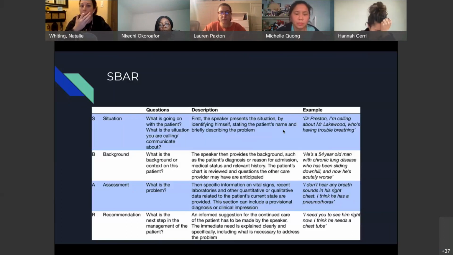But as far as the full assessment, you don't have to say what your findings were on everything. But definitely the four vitals, so their blood pressure, their respiratory rate, their heart rate, their SpO2, those things should definitely be included in the SBAR. And then the relevant stuff that's out of the normal ranges that you get from your assessment should be included in the assessment portion. Okay, thank you.